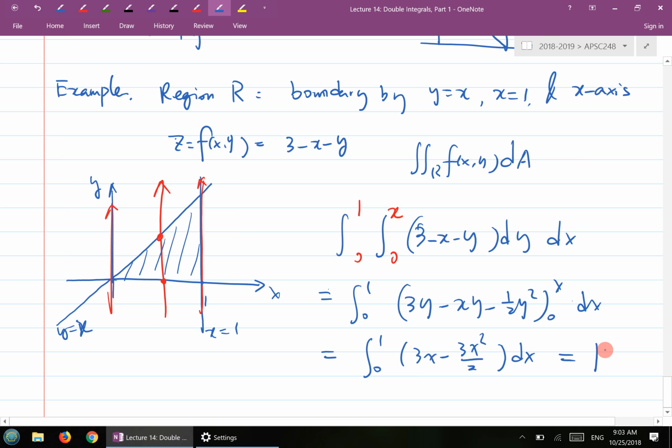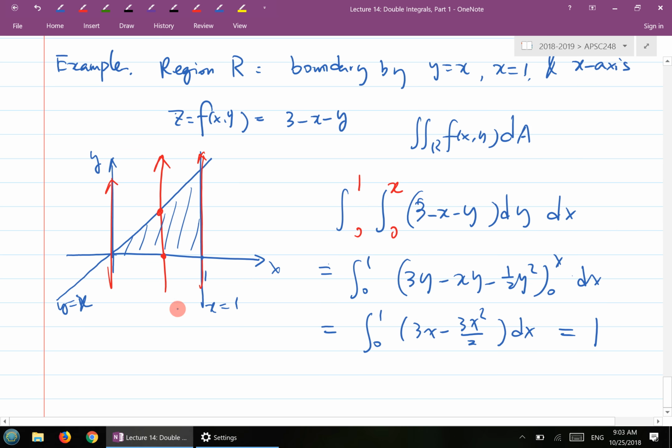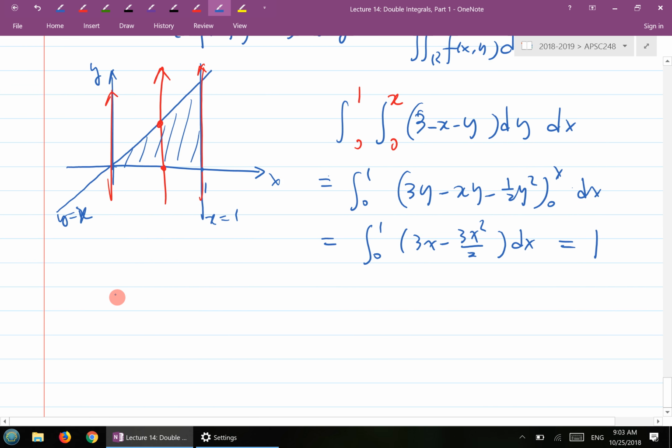The other thing you also notice is that at this stage I didn't draw the function f of x, y. I only drew the region R. But in your mind, you need to bear in mind that what we're doing is in 3D. This is x, this is y.